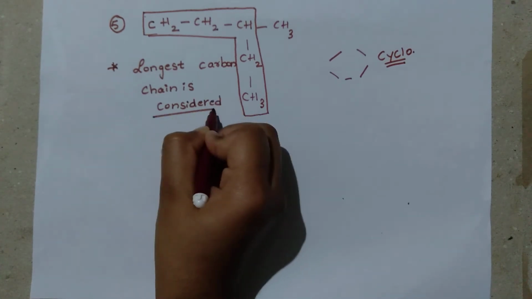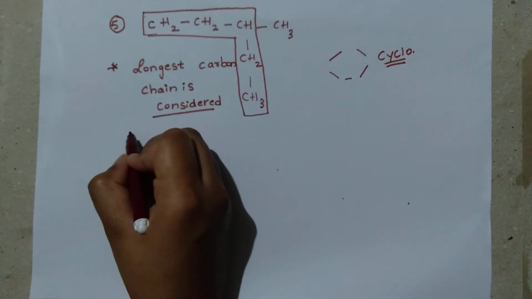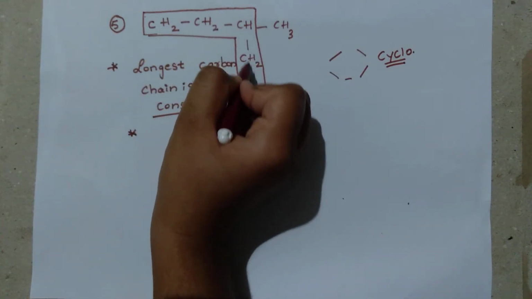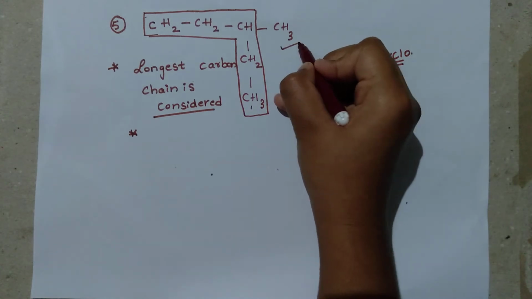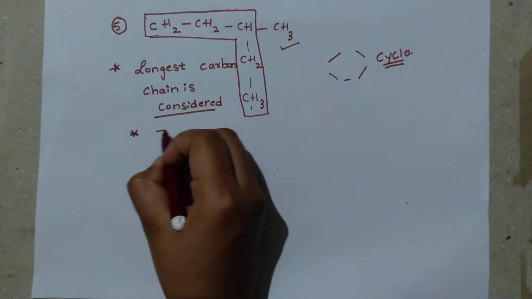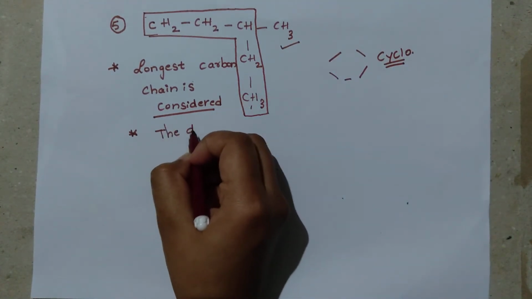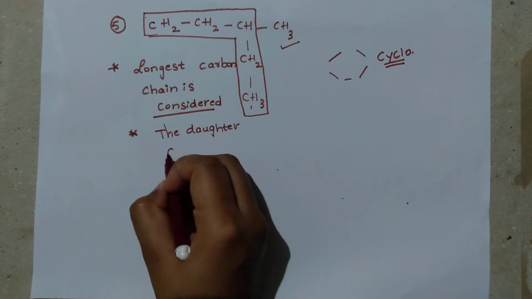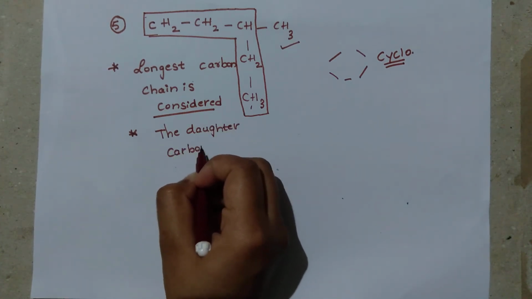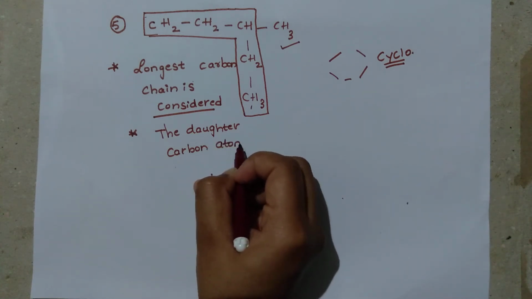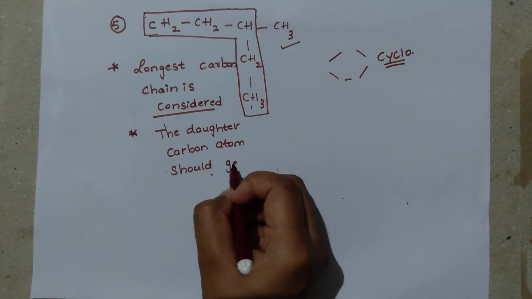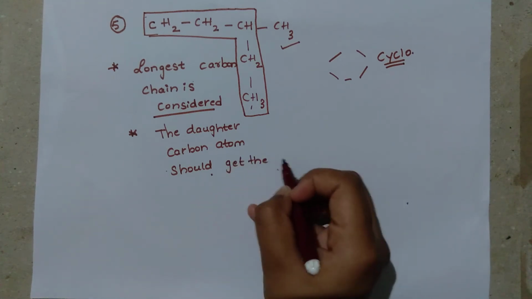Next, the second point is: if we take this as a parent chain, this would be the daughter chain. So the daughter carbon atom should get the least number.